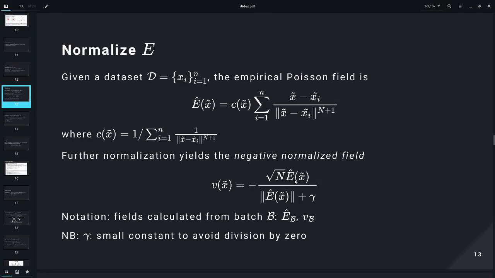But this is normalized because you're dividing by the norm, except for this square root of n. But at least. But why is it negative though?